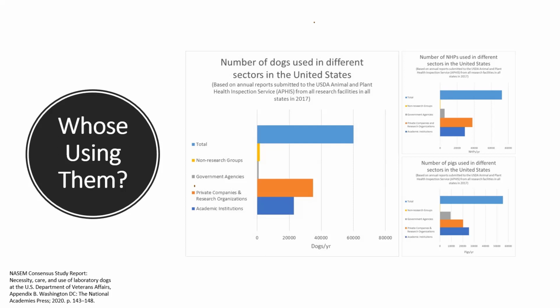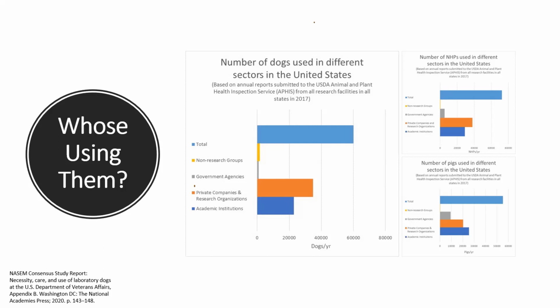The academic institution use has to be considered carefully because there are an increasing number of academic organizations doing product development studies within their organizations, meaning they've built GLP capable facilities. But suffice it to say, in 2017, the majority of dogs being used in the United States were being used by organizations engaged in product development activities.